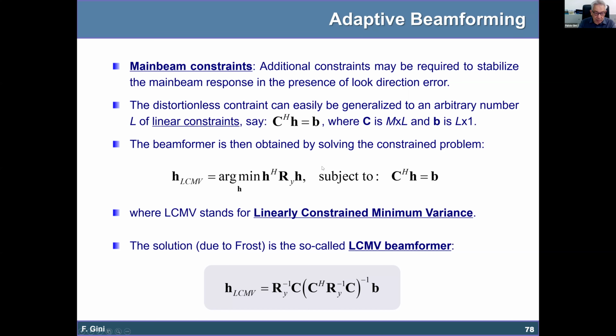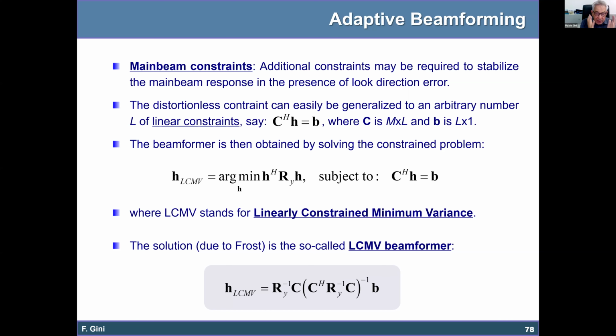And so this is the minimization problem of Capon, but with Capon we had only one constraint, a distortionless constraint. And the constraint was saying basically that if a signal is coming from the steering direction, we want this signal to pass undistorted.